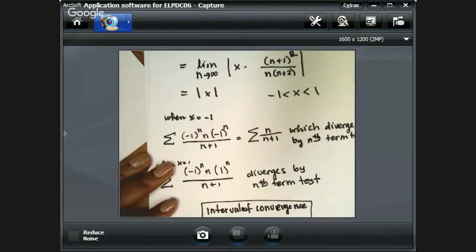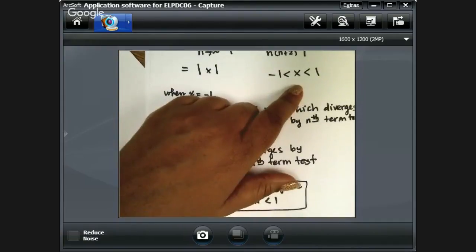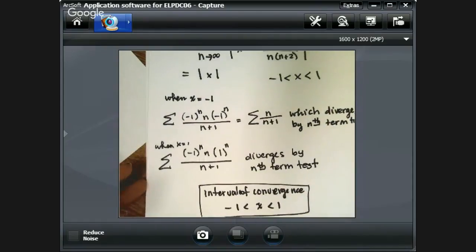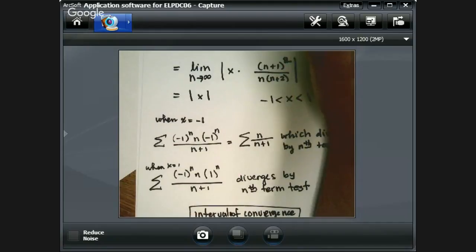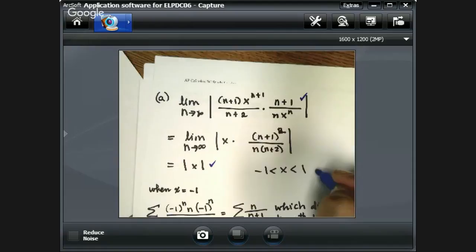Now you might be thinking, hey, Ms. Morton, so what happens if I stop right there and don't do anything else? You still only get 3 out of 5 points. We need to be convinced that you know why we don't include the endpoints. So you got to show the endpoint check anyway. If you remember, I said it's usually worth 5 points: 1 point for setting up the ratio, 1 point for finding the limit, and 1 point for the open interval.